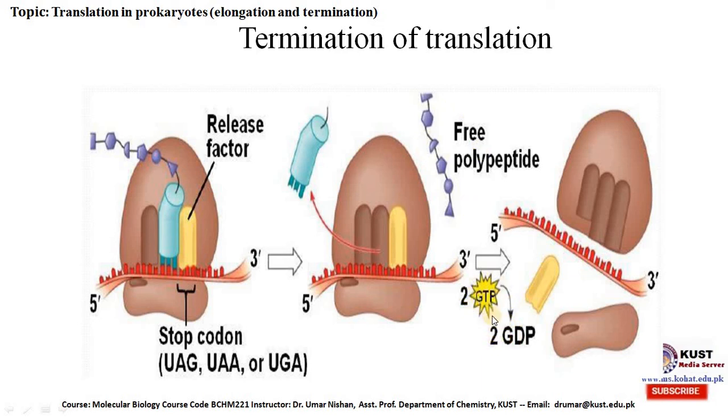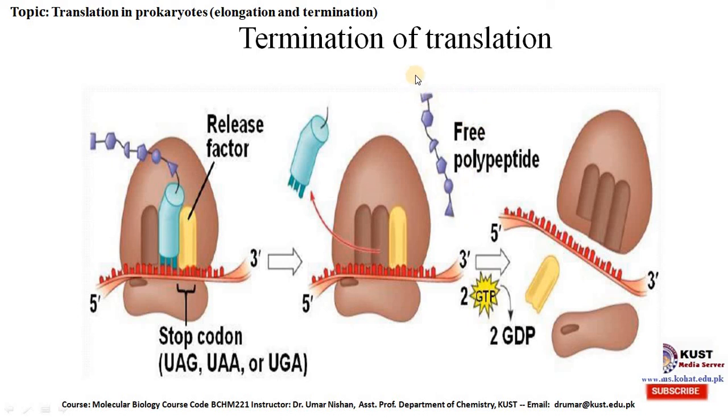GTP is hydrolyzed to GDP. This is the messenger RNA 5' to 3'. This is the 30S subunit, and this is the 50S subunit. They are disassembled, and now overall the process of translation in prokaryotes comes to its end.